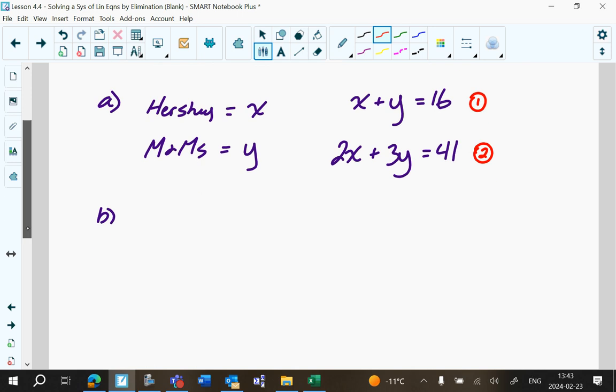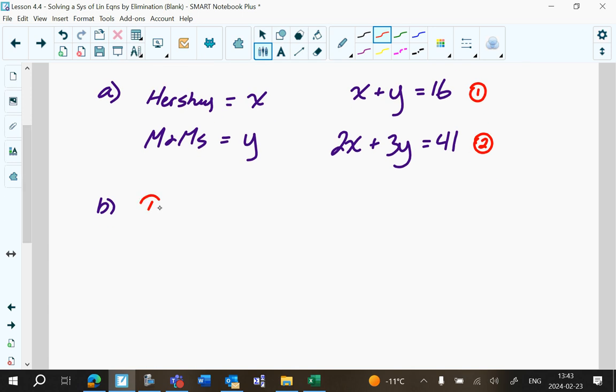Yeah, so equation 1 times 2, and then do what? Don't overthink. So you're telling me multiply this by 2, and then do what? Subtract equation 2. Thank you.